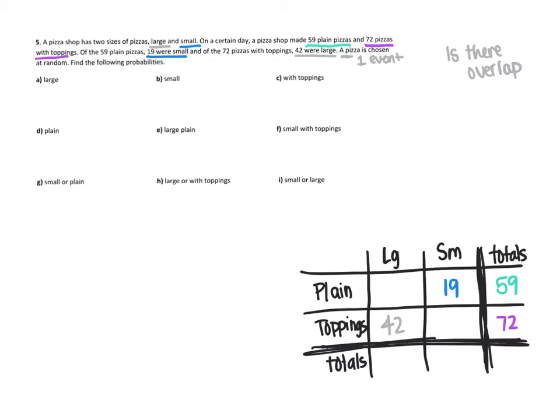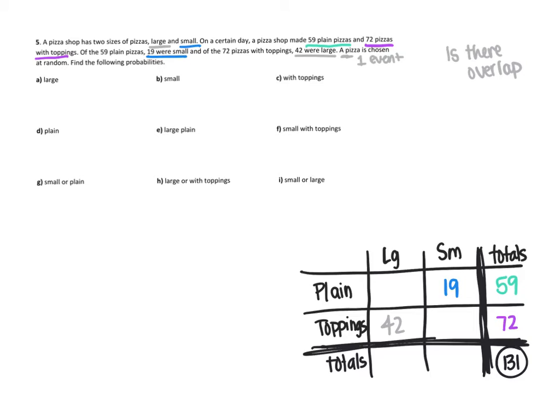but that's all the information I need to fill in the rest of this table. So I'm going to start with just the total. So the total pizzas made, if there were 59 and 72 plain and toppings, I just add those together. So 59 plus 72, I had 131 total pizzas made.